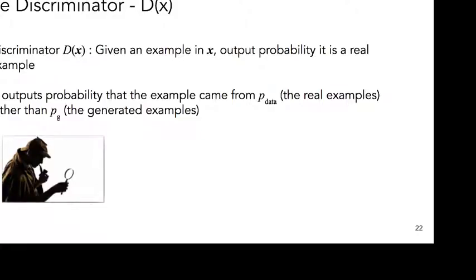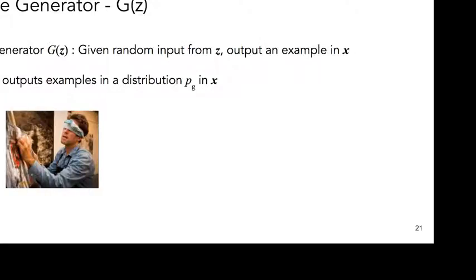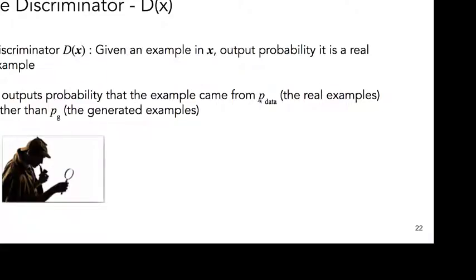Remember, X is like the image space. D outputs the probability that the example came from P data, which is the distribution of the real examples, rather than PG, which is the distribution of the generated examples. Remember, G outputs into PG. P data is the actual real data's distribution. And so D outputs a probability between 0 and 1 that the example is from the data and not from the generator. All good?